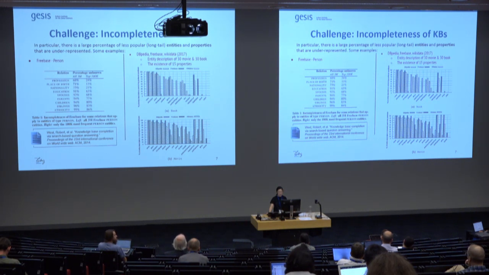And then we get statistics about the top 15 popular properties, to see how many of these entities have values for these 15 properties in DBpedia, Freebase, and Wikidata. The space you see between the top of the bar and 100% is the percentage of entities missing the respective property.